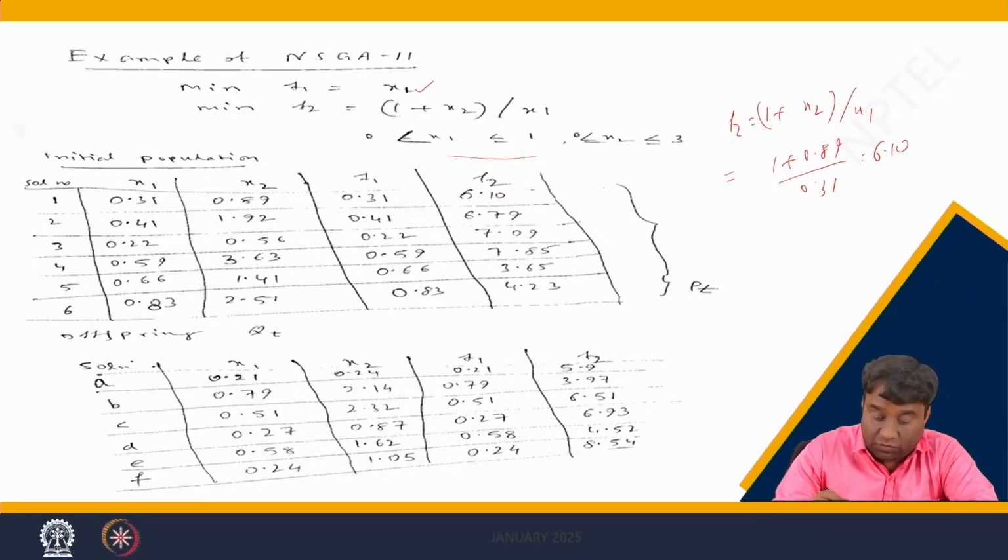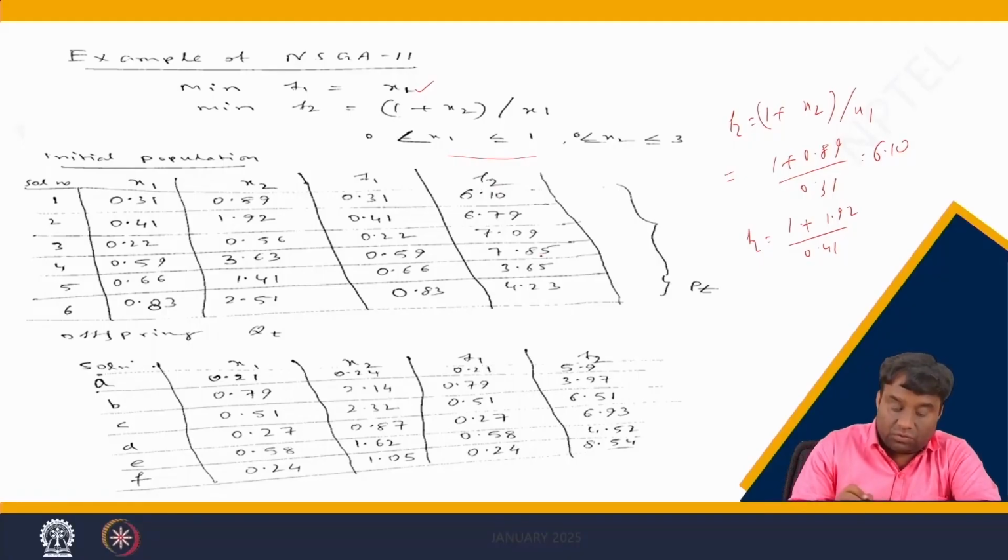Similarly we calculate f2 for the x1, x2 values of solution 2. For solution 2, f2 is 1 plus 1.92 by 0.41, so that is 6.79, and so on. So that is for the initial population.